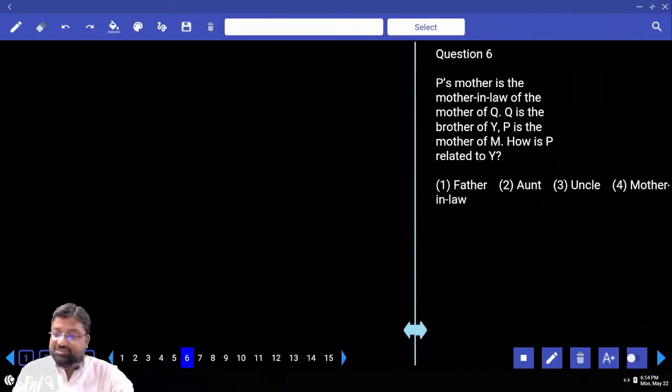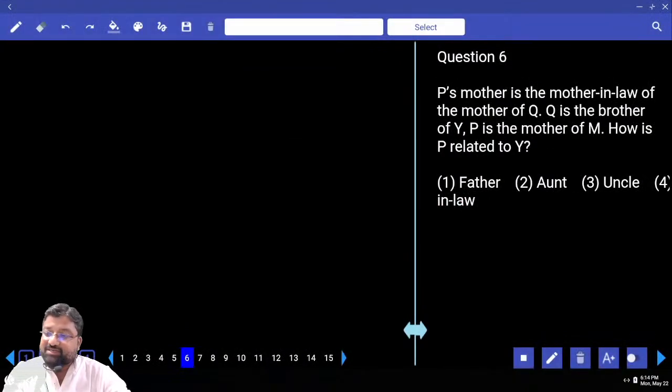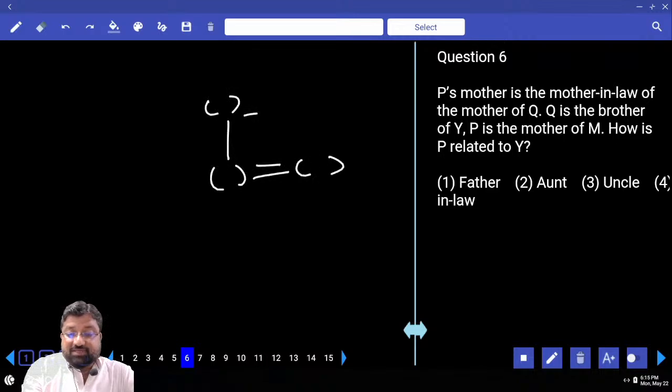Now this is a question which says, P's mother is the mother-in-law of the mother of Q. P's mother, who is she? Mother-in-law. Whose mother-in-law? Mother-in-law of Q's mother. Q's mother's mother-in-law.